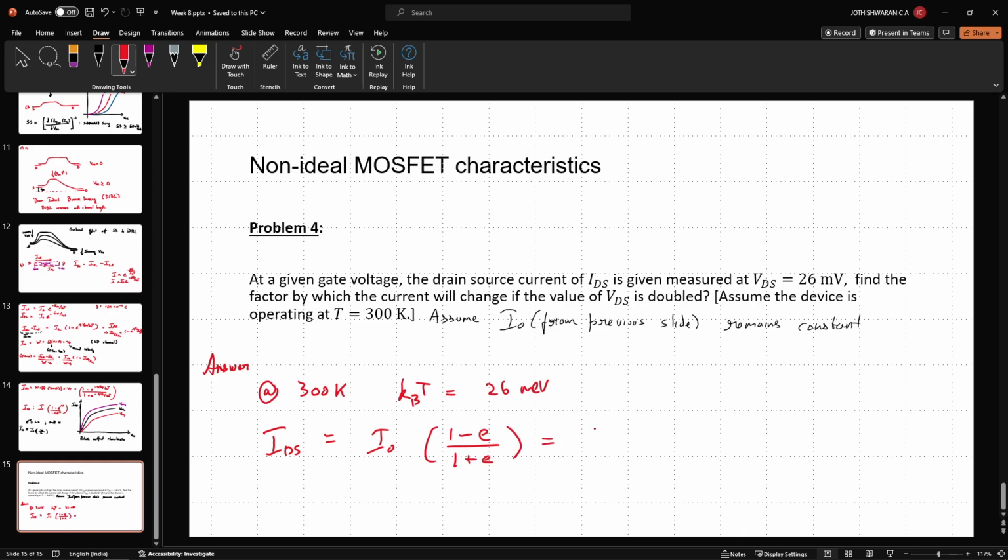So now we can quickly calculate this. Just one second, let me verify this once more.